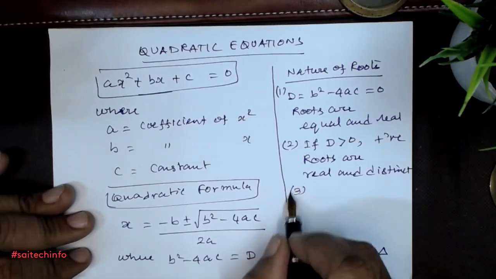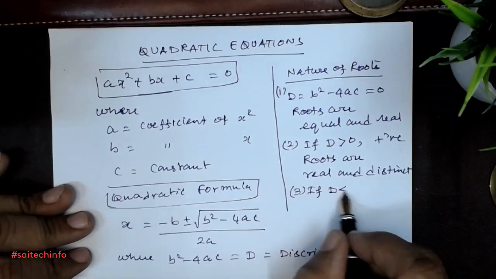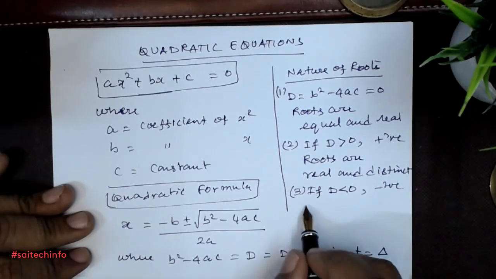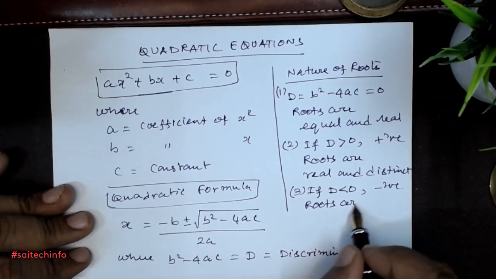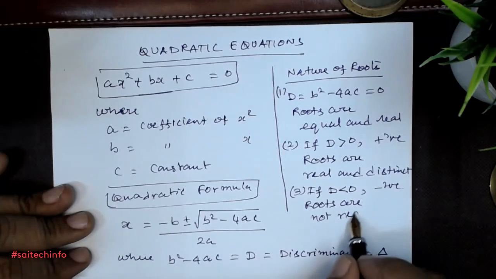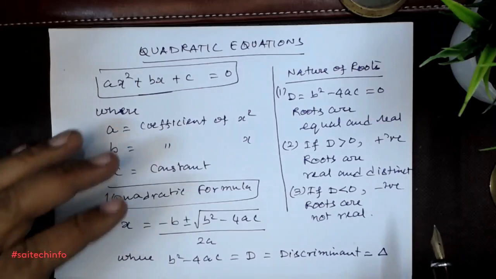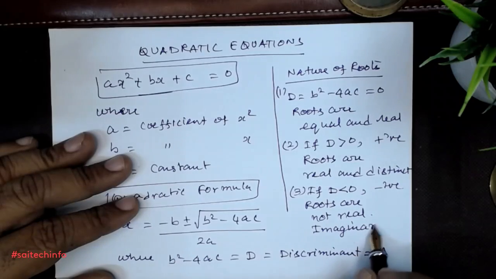Third one, if d is less than 0, that is negative, then the roots are not real. They are called imaginary roots.